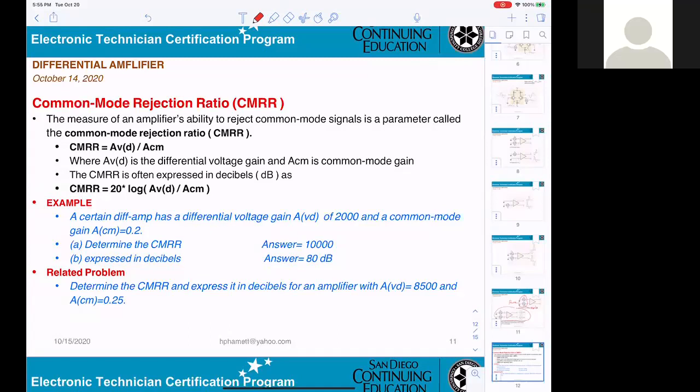Yes, 80. So you get 10,000 for part A, right? And B will be 80 dB. If you have done it, now do the related problem for me and tell me what you get.